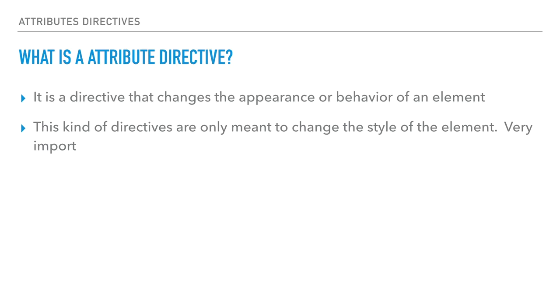We could do it with pure JavaScript, with CSS, but the idea is that in Angular we need a way to change the appearance of HTML in our code. So the attribute directives are only meant to change the style of the element. Very important, because we will have other types of directives that modify the structure of the DOM. In this case, we are not removing or adding elements in the DOM, just changing the style.